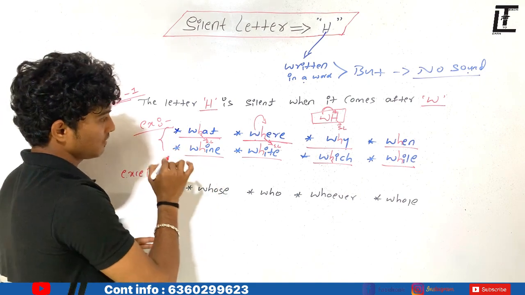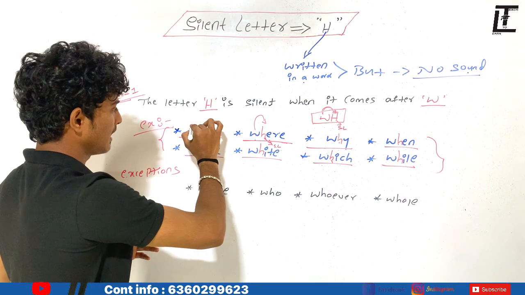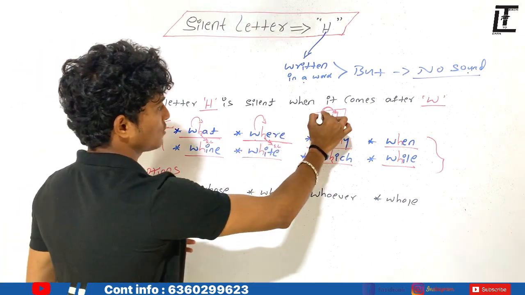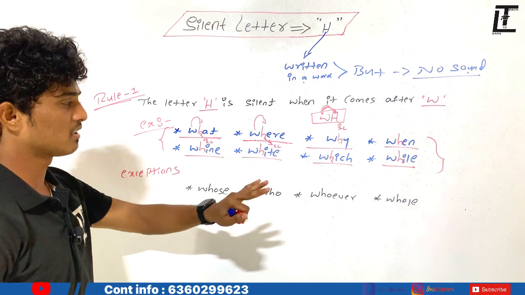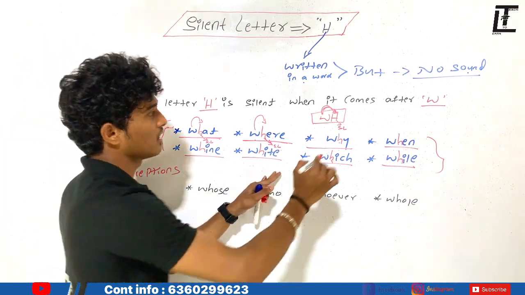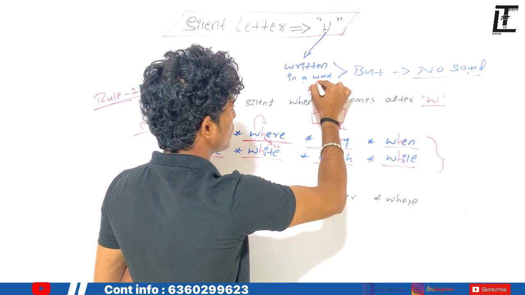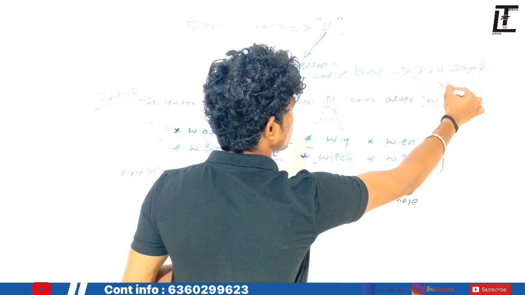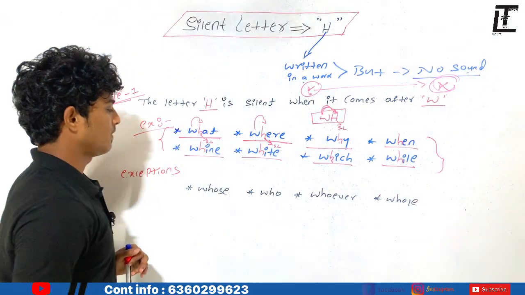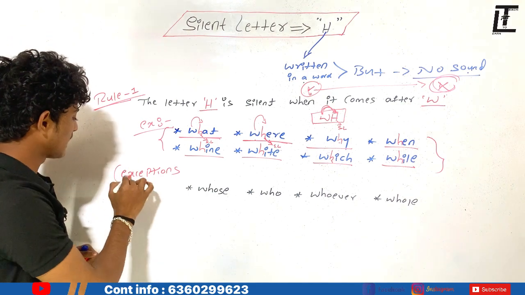So in these words, the letter H after the W is silent. There is no sound. The letter was written, but there was no sound of the letter. Fine. So this is the first rule, and in the first rule we have exceptions.